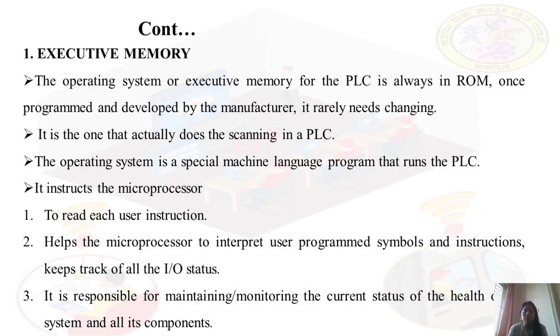It is also responsible for maintaining and monitoring the current status of the health of the system and all its components. The executive memory is nothing but your operating system memory. It is always ROM.